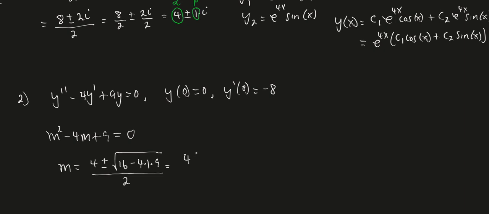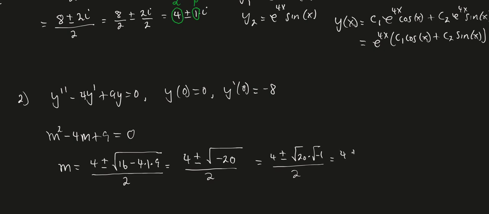So we have 4 plus or minus. Under the square root, we have 16 minus 36. So that's negative 20, and then that's all over 2. So negative 20, that can be written as, first I'll write this as root 20 times root negative 1. Again, all over 2.